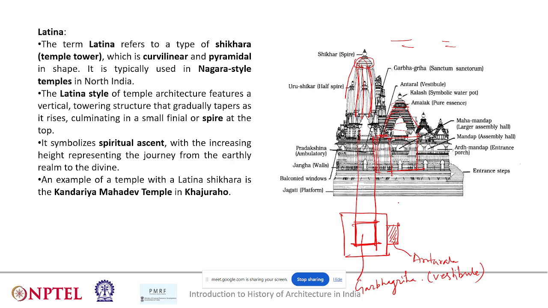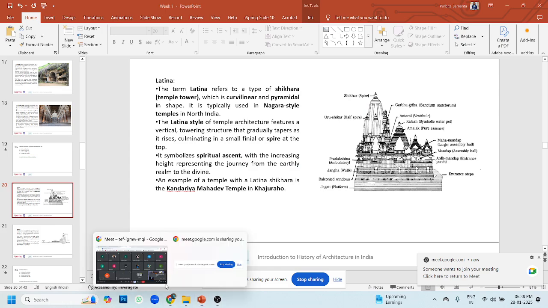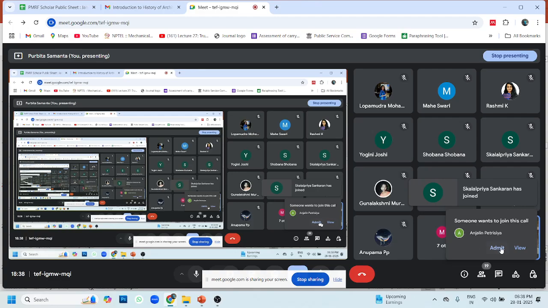So this is the mandapa. In case of Kandariya Mahadeva, this is referred to as the Mahamandapa. But yes, the mandapas can be of various shapes and can be two or three in number. It depends upon the type of temple that is there.